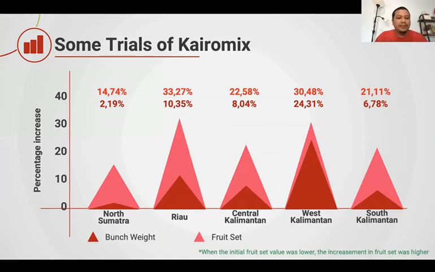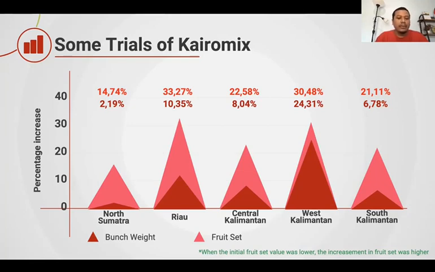It has a different percentage increase in fruit set; for example, in North Sumatra it is relatively lower than in other regions, while in other areas it can reach more than 30%. This depends on the value of the initial oil palm fruit set.